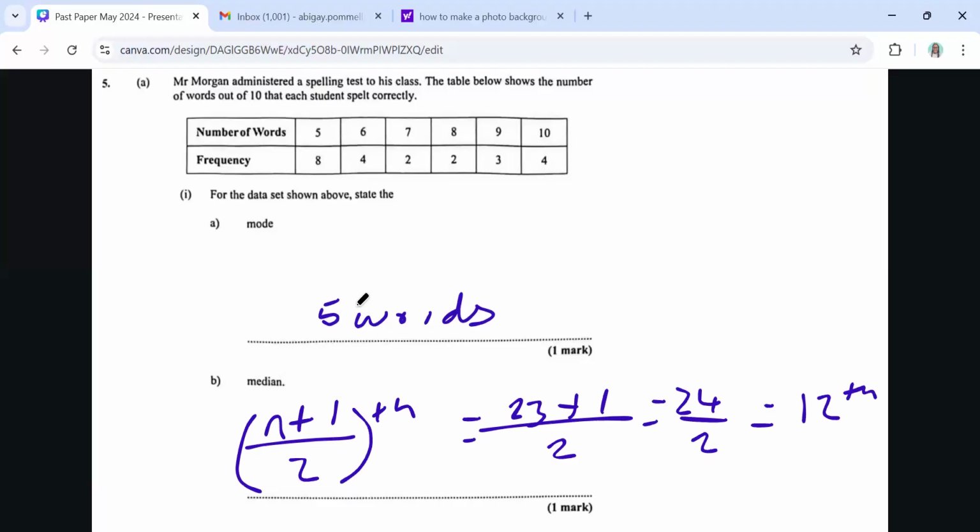And our 12th position is right here, because remember, 8 plus 4 gives us 12. So that means 6 words. So 6 words is the median.